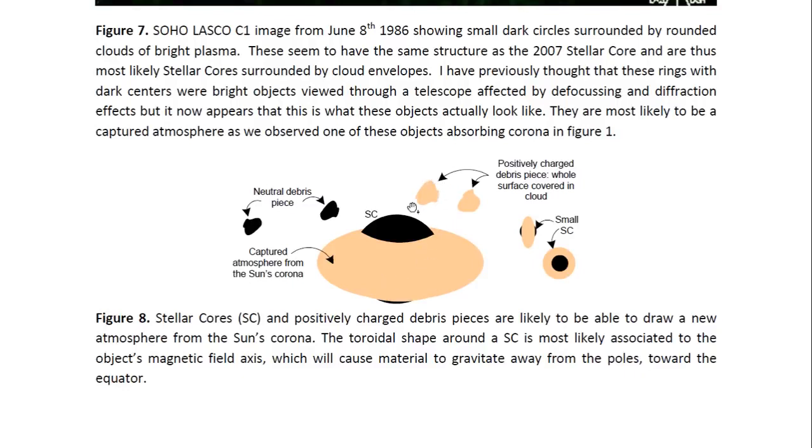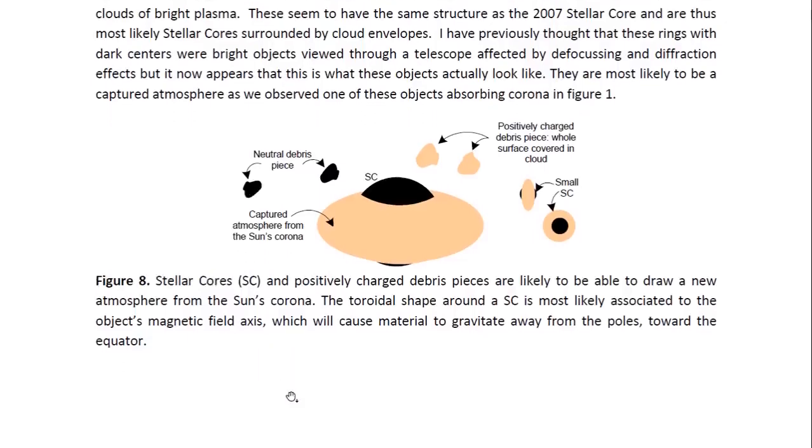And of course, debris pieces will not have magnetic fields, so the whole surface of the piece is likely to be covered in this atmosphere. Of course, they would have to be positively charged, because the corona is negatively charged, and without it being negatively charged, it wouldn't attach. So neutral debris pieces will not have an atmosphere around them and will not capture one.